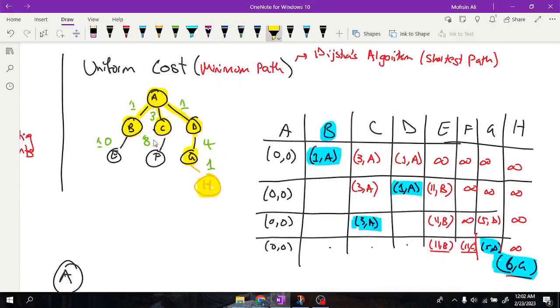Now let's talk about why uniform cost search is not optimal. What optimal basically means is that it will always find the goal first, right?